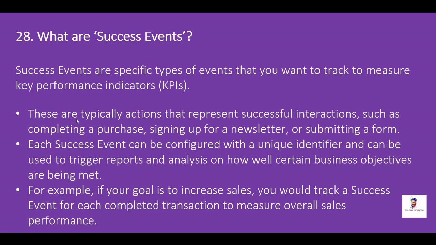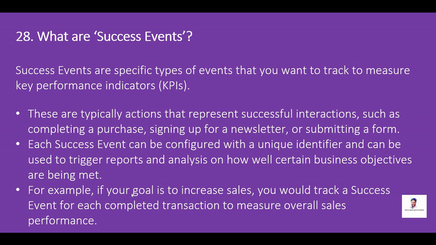These are typically actions that represent a successful interaction, such as completing a purchase, signing up for a newsletter, or submitting a form. Each success event can be configured with a unique identifier and can be used to trigger reports and analysis on how well certain business objectives are being met.